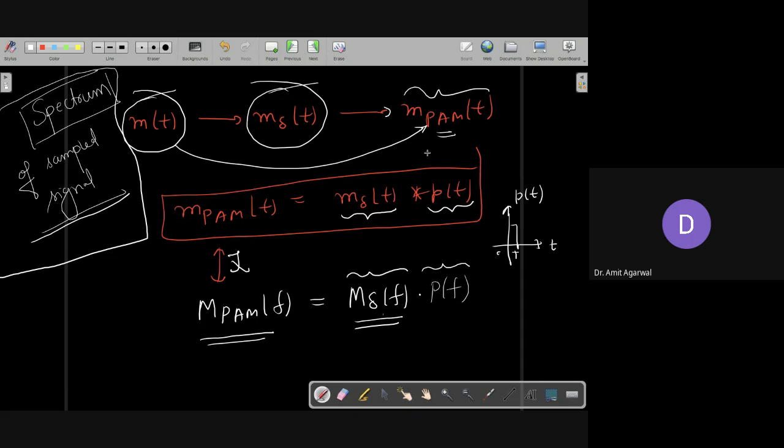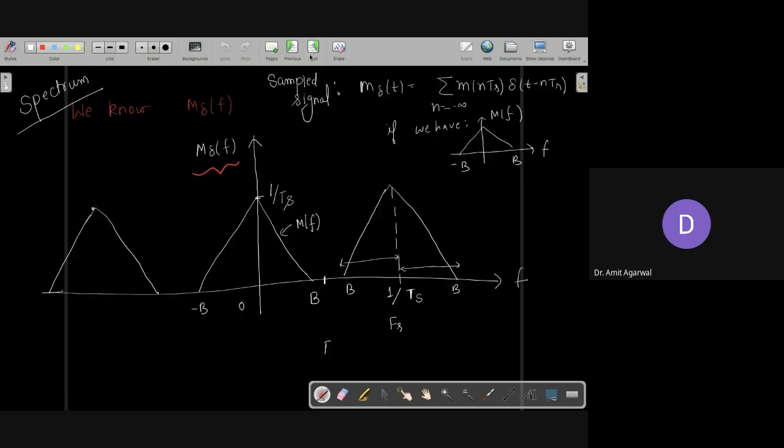Or how intelligently should we choose these values of Ts so that we don't lose anything? These were the questions in our initial discussion. So when we study the spectra of the PAM signal through the spectra of the ideal sample signal, these questions will be naturally answered. Okay? Let's see how. Just let me know if you have any question or any doubt.